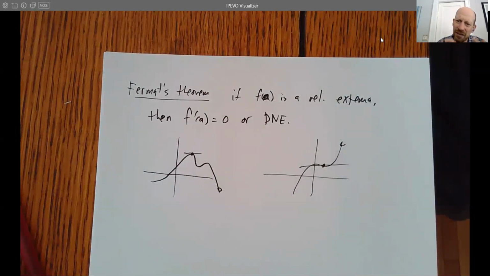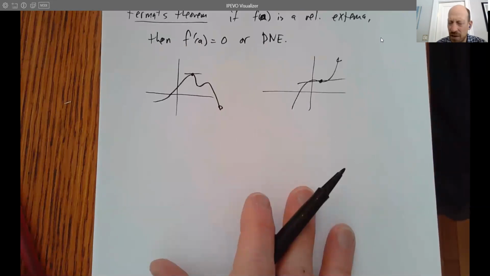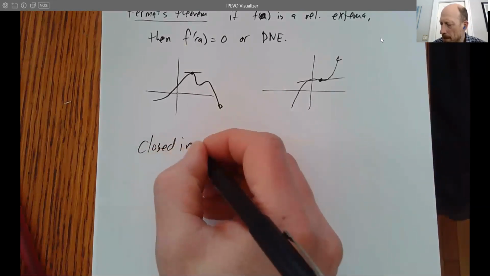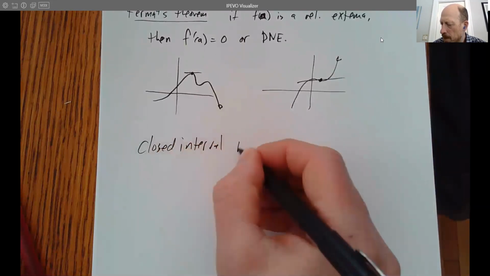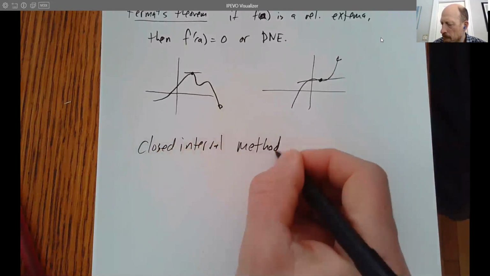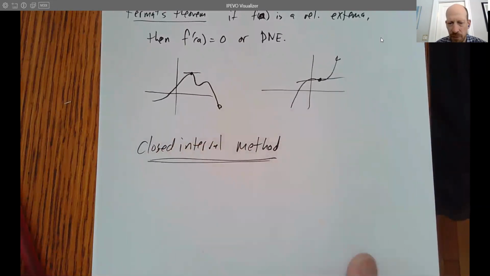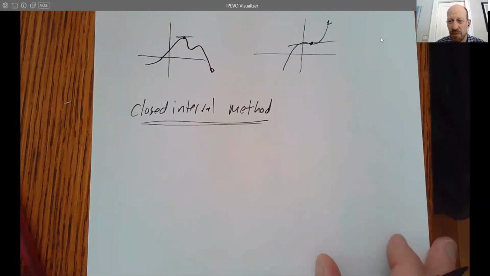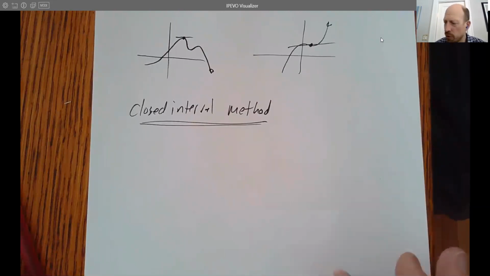if you take these ideas together, what we get is something called the closed interval method. And this is the example I wanted to make sure to show you. This is 4.1, the biggest idea in 4.1.